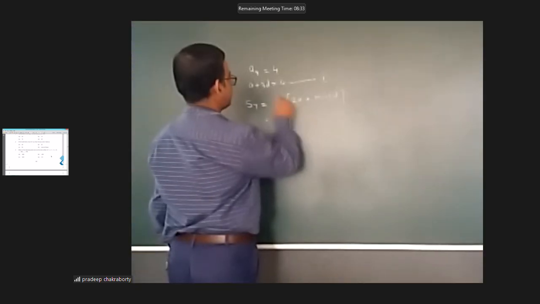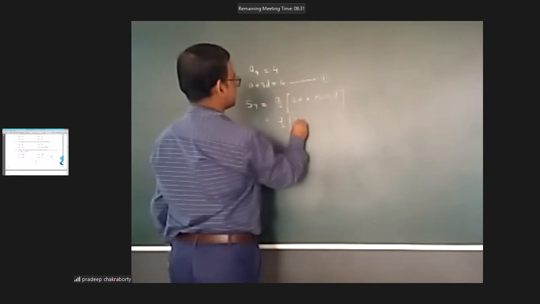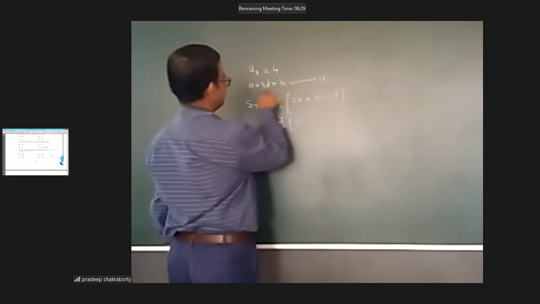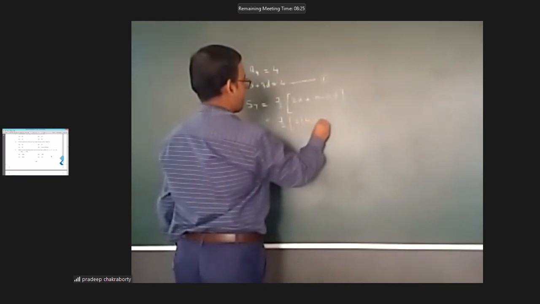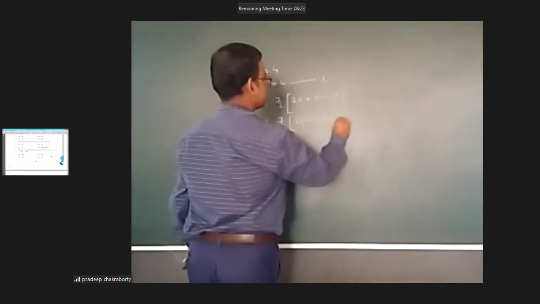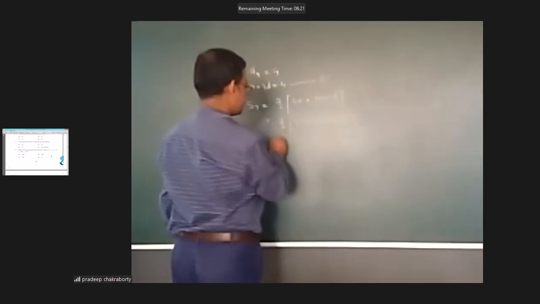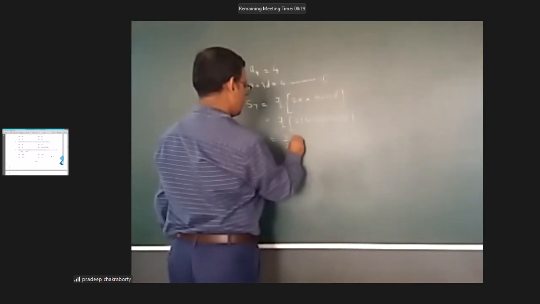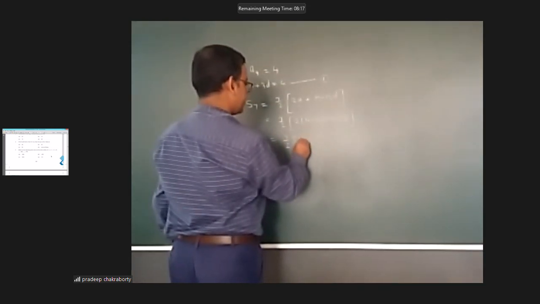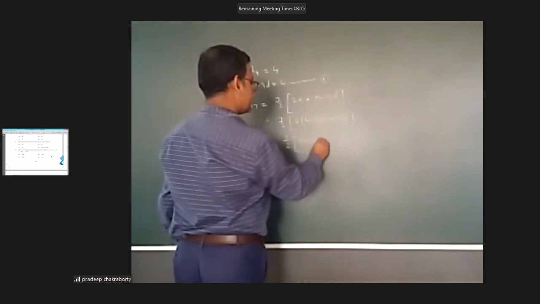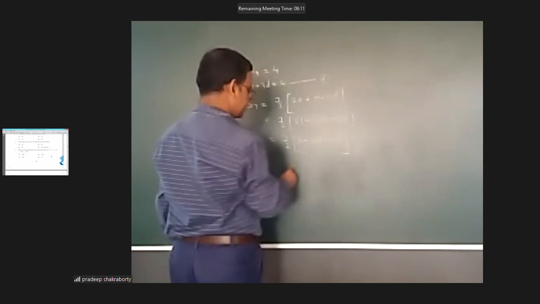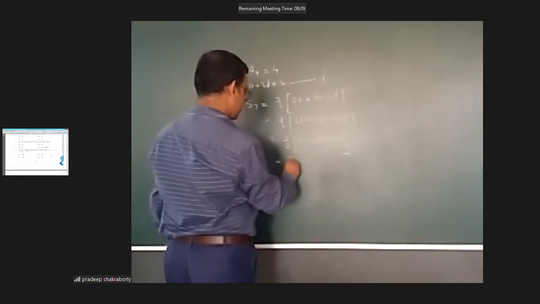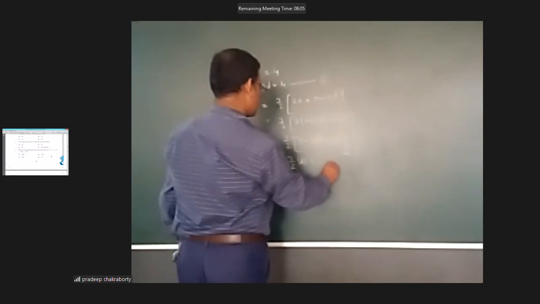So that is twice a, and a can be written as 4 minus 3d from the equation. So it is 7 by 2 times 2 into (4 minus 3d) plus 6d, which is 7 by 2 times (8 minus 6d plus 6d). The 6d cancels, so it is 7 by 2 times 8, which is 28.